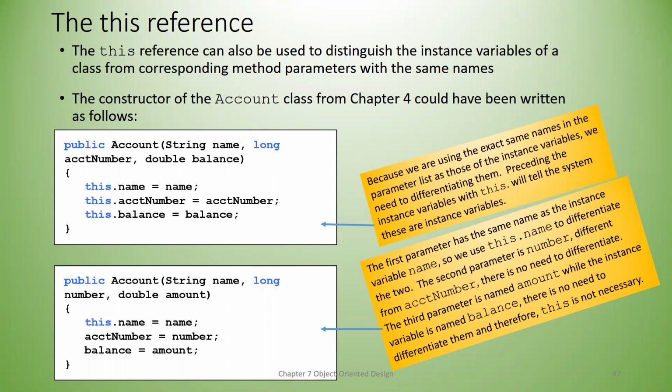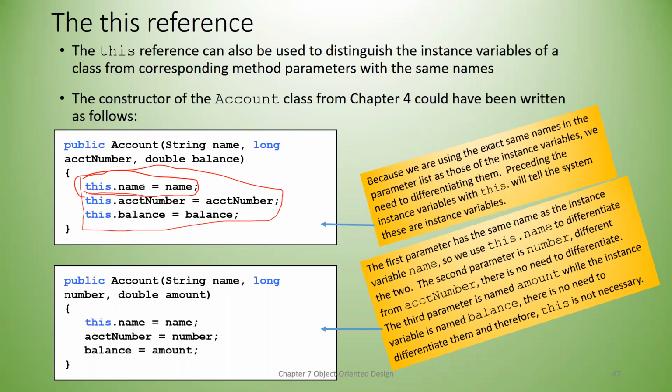Which one is the parameter value? Everybody? Joanne, I'm going to ask you, which one is the instance variable here? For example, this, which name is the instance variable? Well, the instance variable, this dot name. Yes, correct? That's very good.